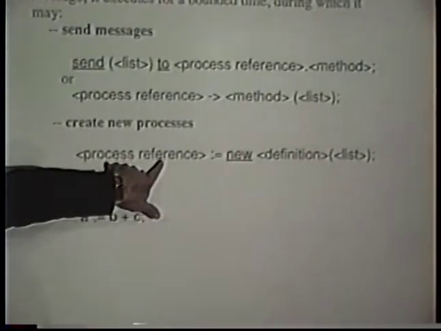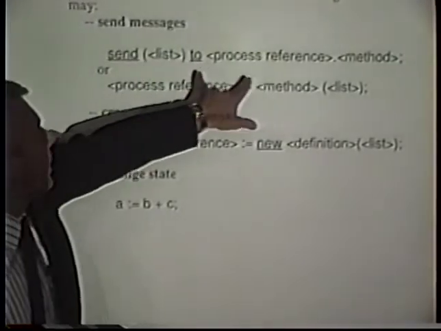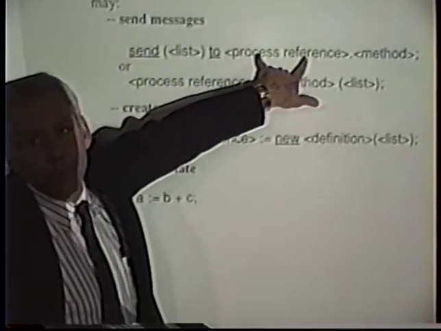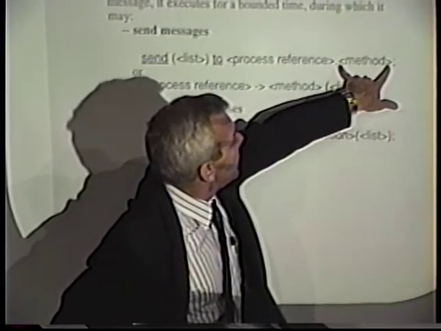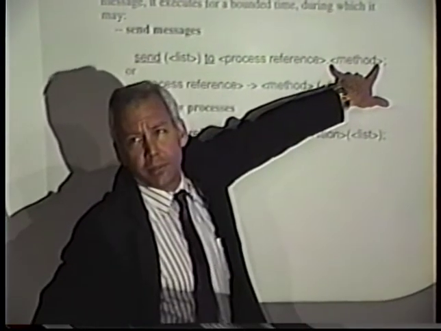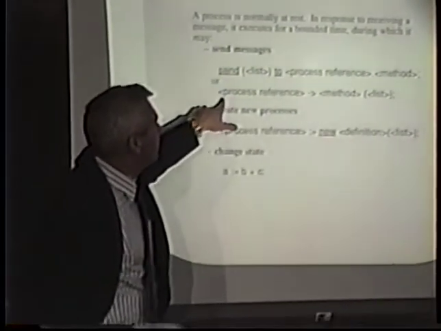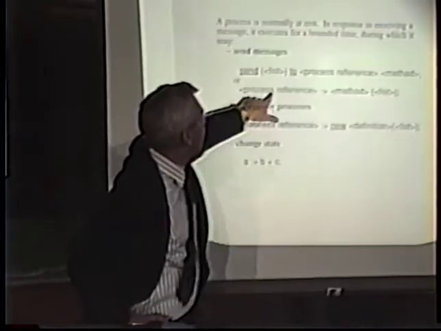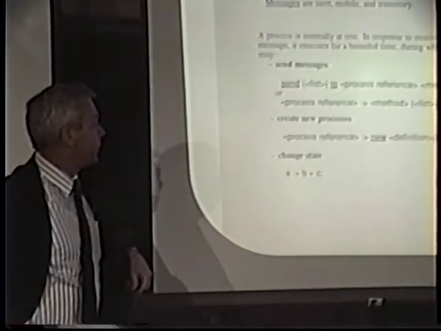So, of course, this kind of process reference allows me to send some list of items to a process reference, and we very often key this to a particular method of the process. I'm using the word method here deliberately to invoke images of object-oriented programming as there.